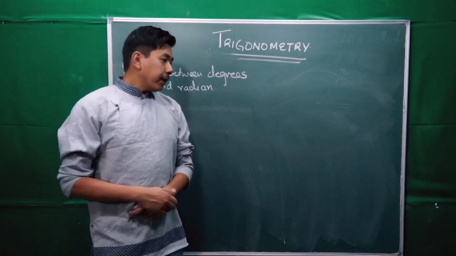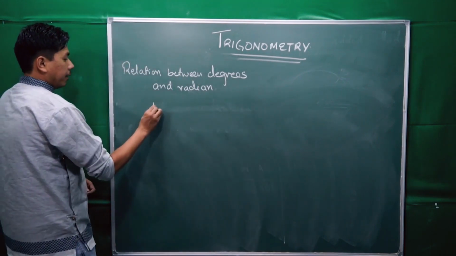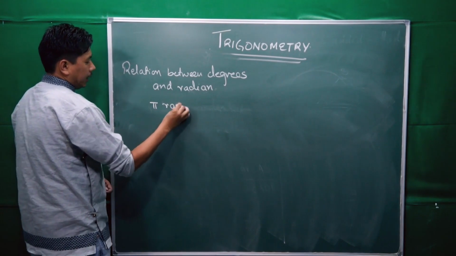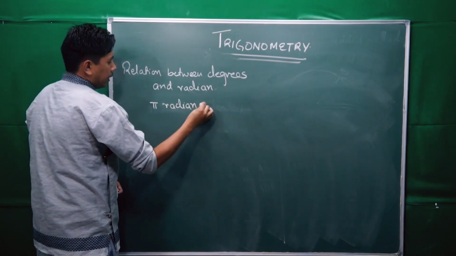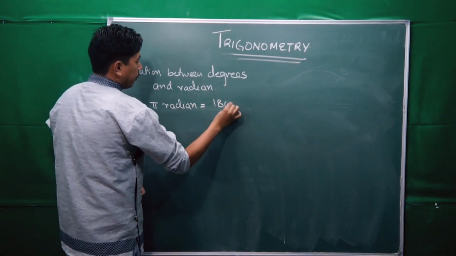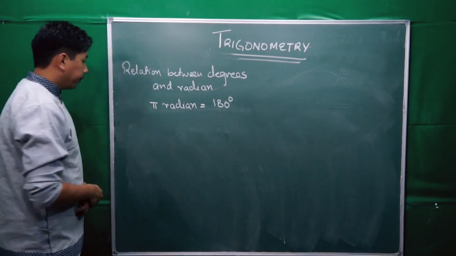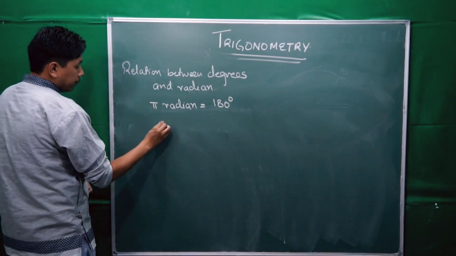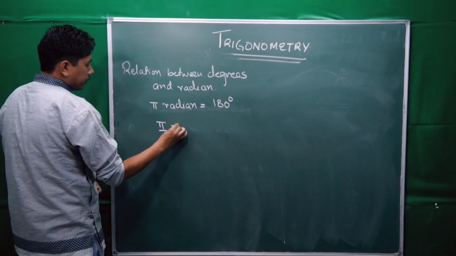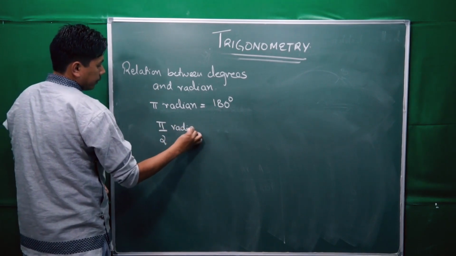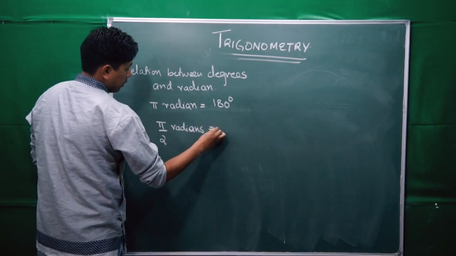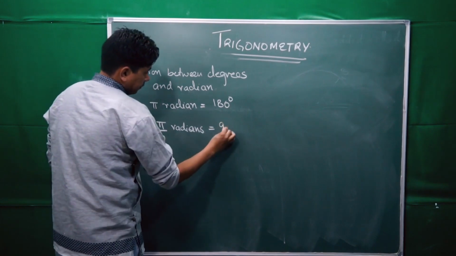So for example, we have pi radian is equal to 180 degree. Simple. So we should have pi by 2 radians equal to 90 degree.